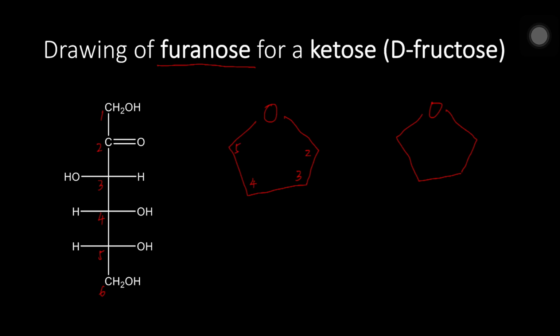Now let's look at carbon 1. Carbon 1 is a CH2OH group attached to carbon number 2. You have two possible orientations, one up and one down. For carbon number 2, the carbon double bond O now becomes carbon single bond OH.